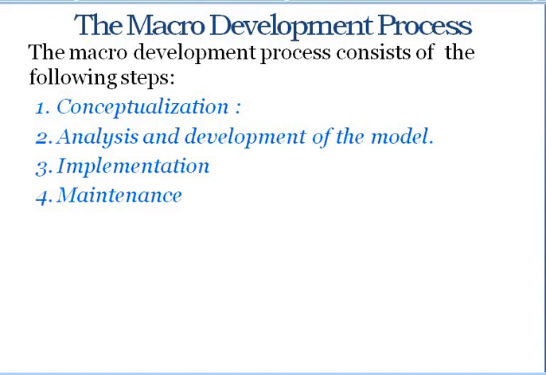Analysis and development of the model use the class diagram to describe the roles and responsibilities of objects which are carried out in performing the desired behavior of the system.